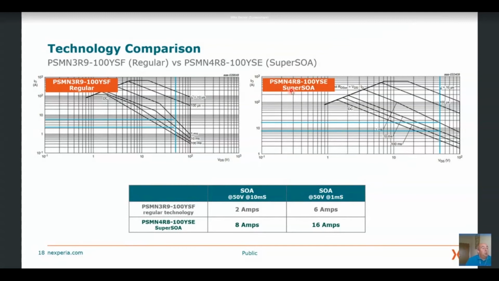So the RDS-on has gone up a bit, but also if you take off a few points on this curve, at 50 volts and 10 milliseconds, a regular device has 2 amps, whereas a SuperSOA has 8 amps of capability. So you can see a massive difference there between the capability for these devices.